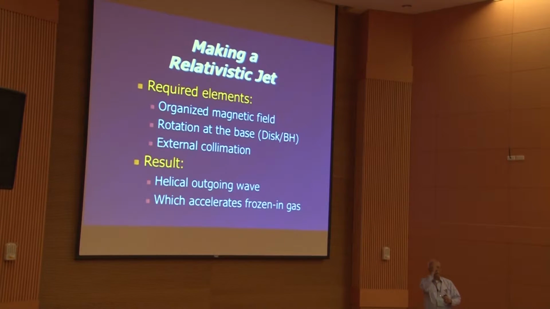Rotated, it makes a kind of spiral pattern going out, and that spiral pattern carries away energy, angular momentum, and ultimately it dissipates and produces radiation. This is our jet. And the magnetic field presumably helps to keep this thing coherent over the enormous distances that we see. So that is our overall picture of jets.